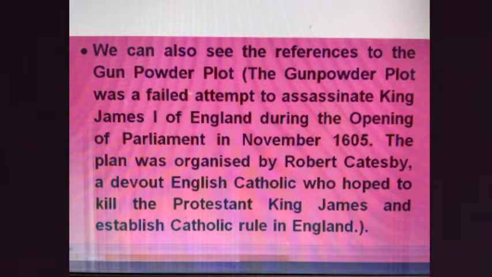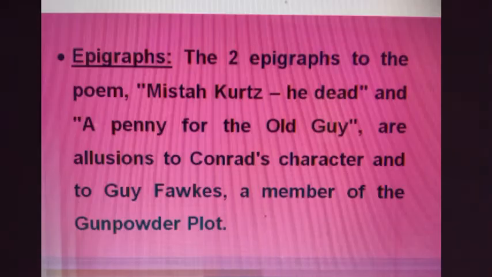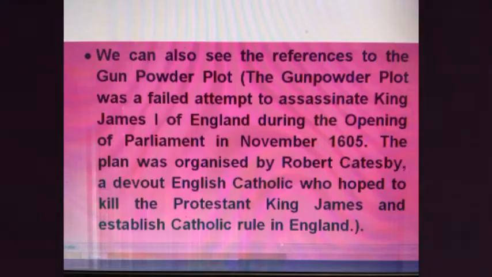So Robert Catesby and his friends, including the person named Guy Fawkes. Because the second epigraph, A Penny for the Old Guy, means Guy Fawkes.